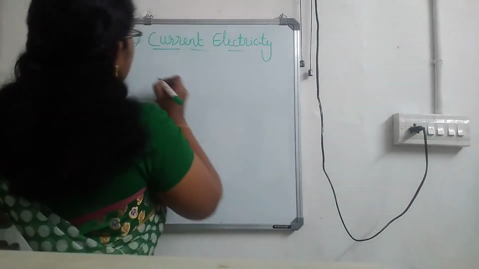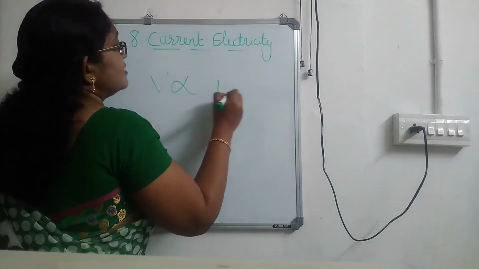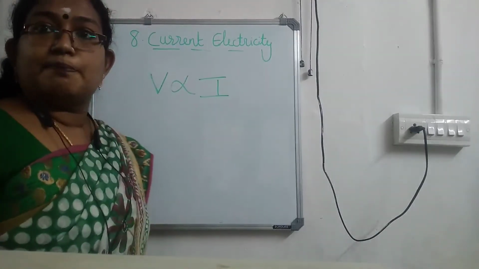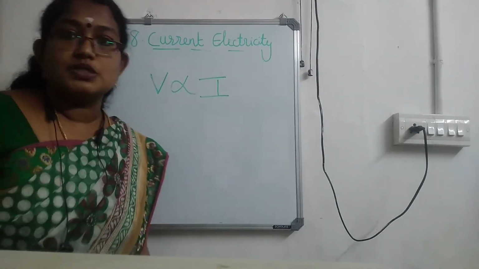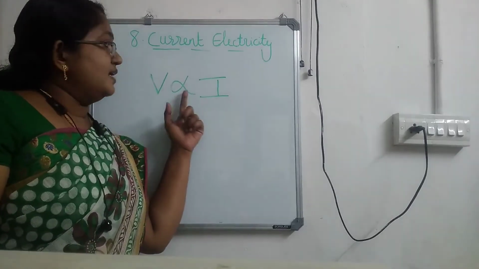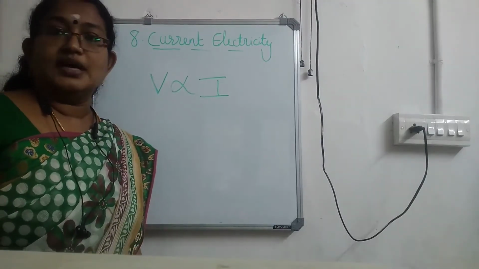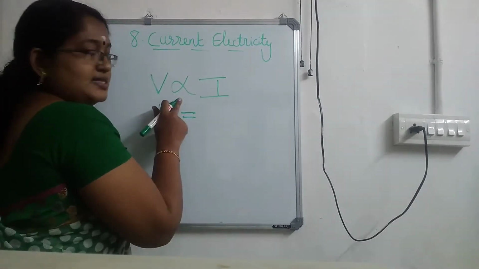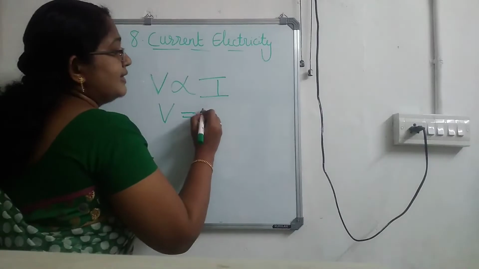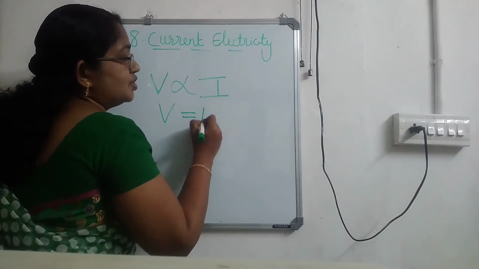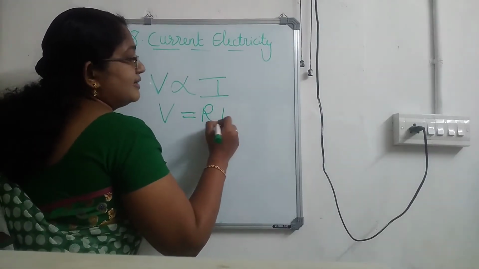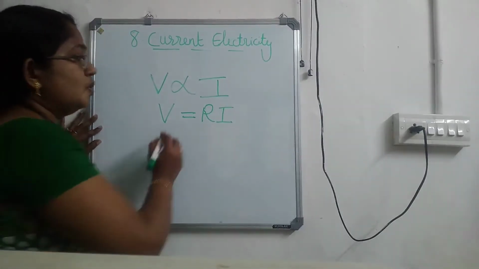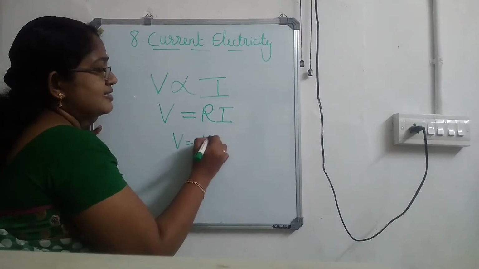So we have the relation V is proportional to I, from Ohm's law. Potential difference is directly proportional to the current. Now I am removing the proportionality sign and giving equals. That means I have to introduce a constant, and that constant is R, which is the resistance. So normally we will say V is equal to IR.